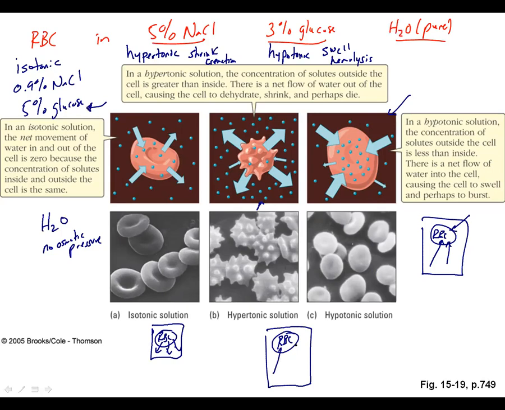So even though it's water and we sometimes think it can't be bad, it is actually not so great in this case. It is actually a hypotonic solution, and it will cause swelling and hemolysis to occur. Any questions on that there?